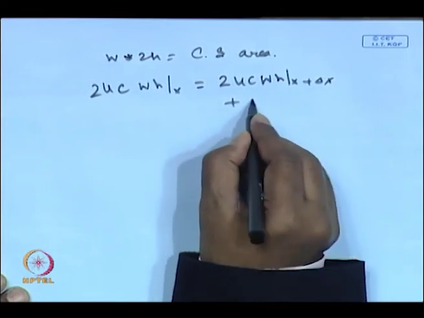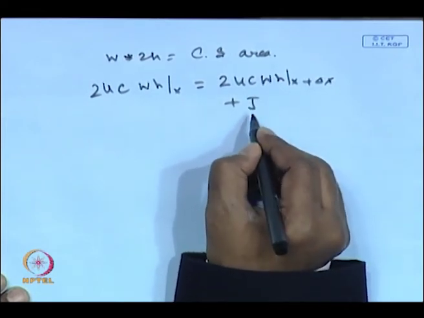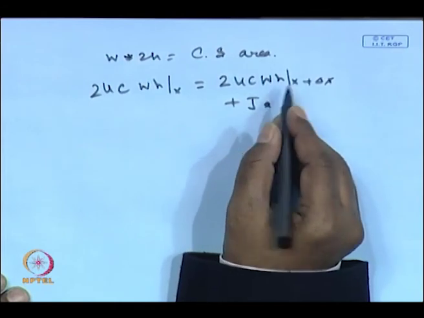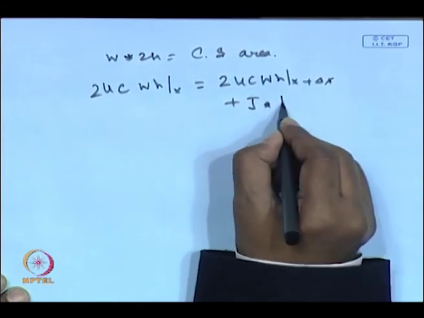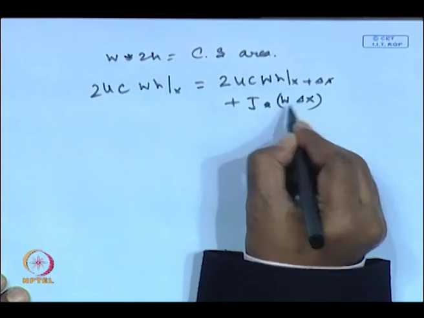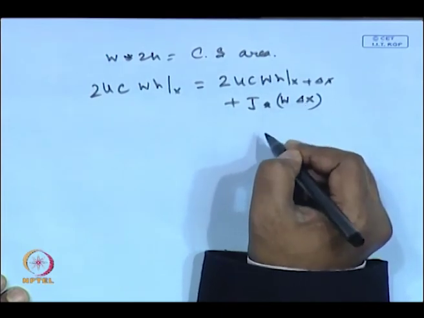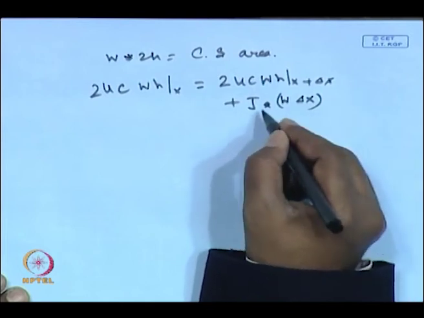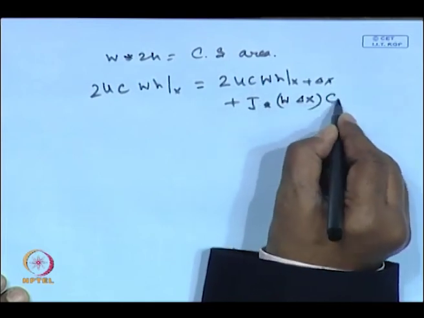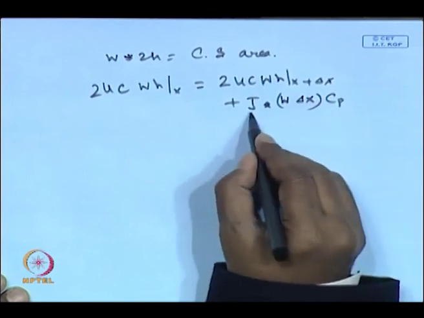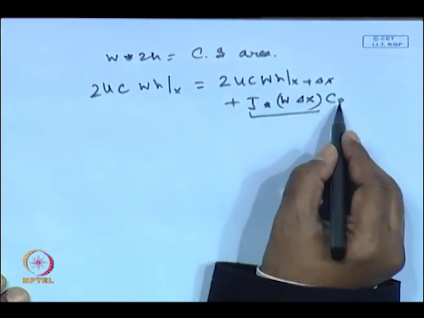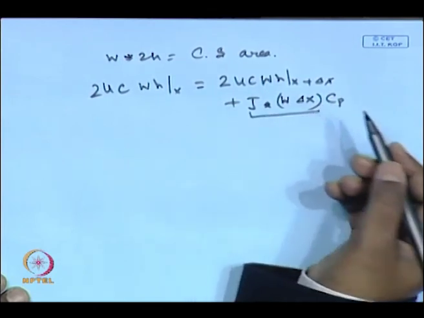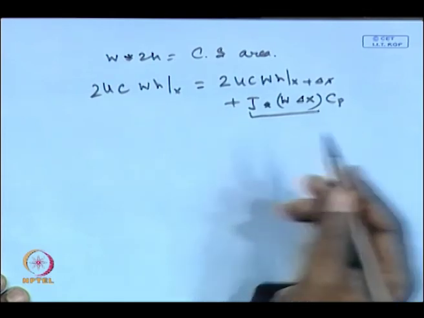J in meter cube per meter square second. What is the surface area? Surface area is nothing but W times delta x. So meter cube per meter square second multiplied by meter square, and then multiplied by Cp. This becomes the solvent multiplied by the concentration, so it becomes kg per second, right?